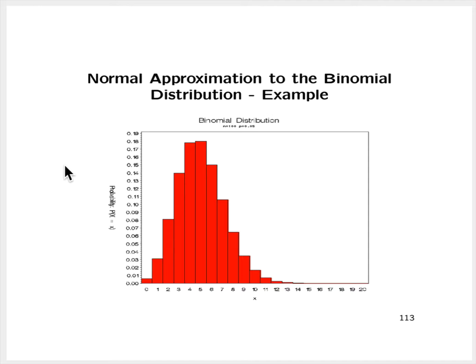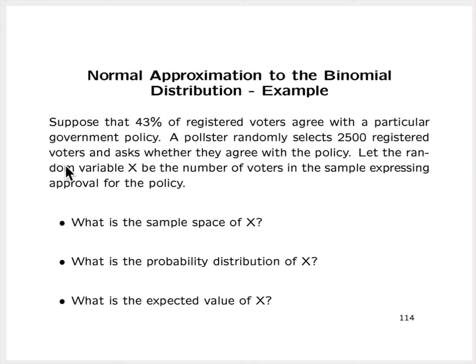If you think back to those graphs that we looked at, the graphs of the binomial PMF, depending upon the value of p, for a given sample size, that distribution may have looked symmetric or it may not have. So we really do need to take p into account when we consider the question, how large does a sample size have to be?